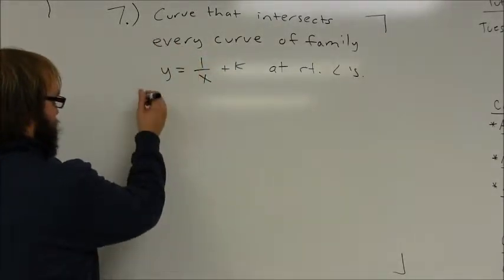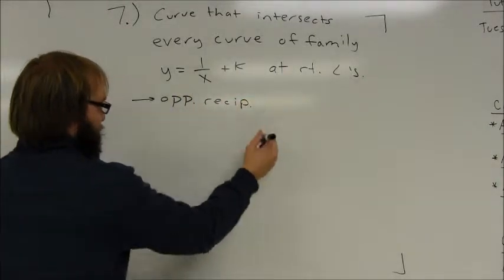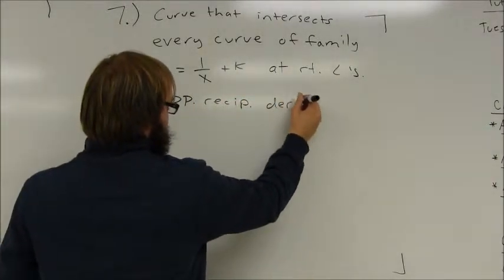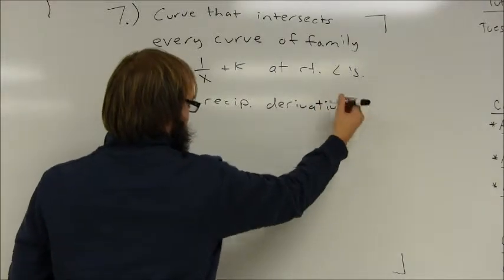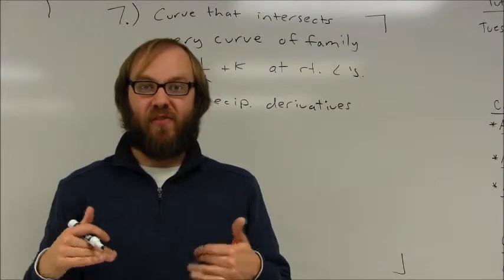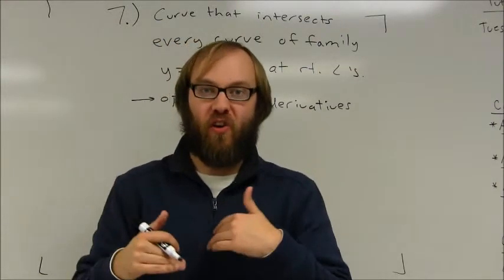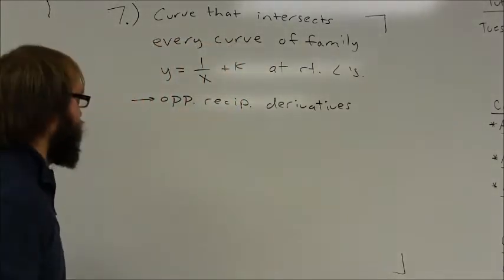So basically I want opposite reciprocal derivatives. And again, at any given value of x, we can see that those two things would match up and have the opposite reciprocal slopes where those curves hit each other at that x coordinate.